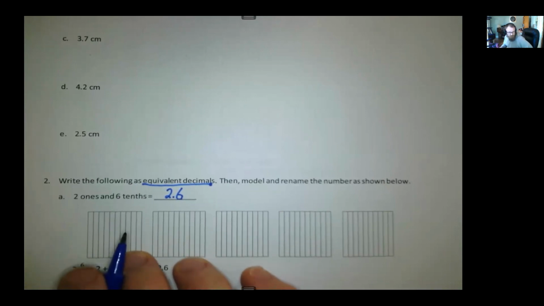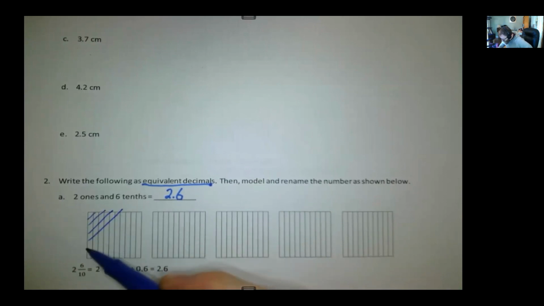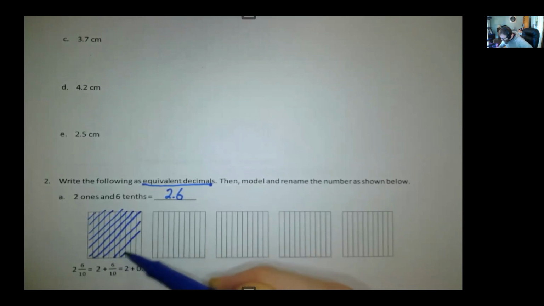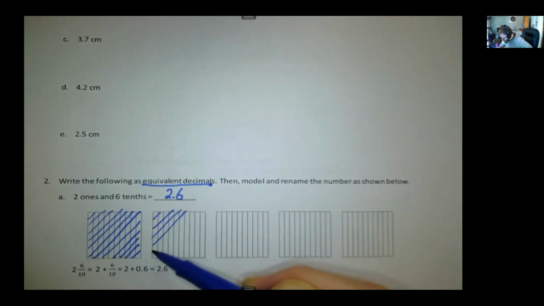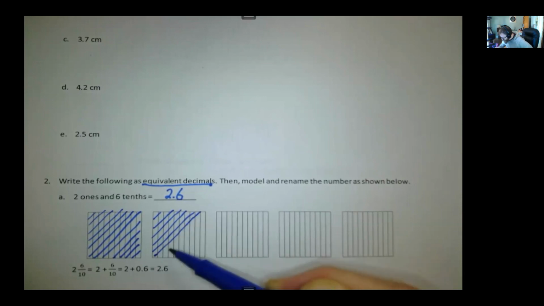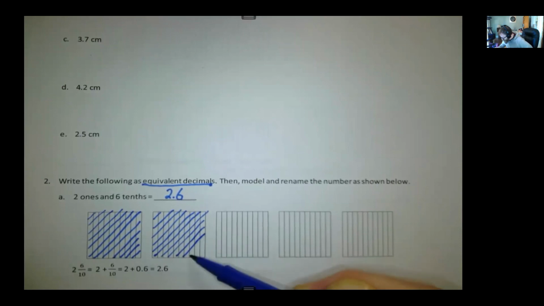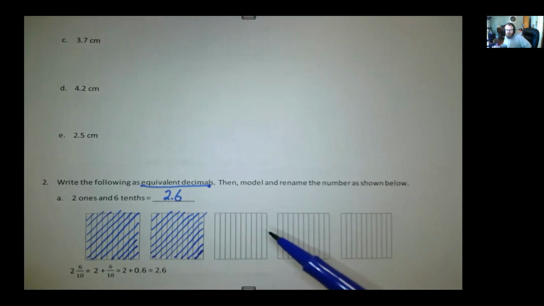To show that value in a tenths model, you're going to entirely shade 2 whole models neatly with diagonal lines, shade 10 out of 10 columns in each of 2 models, and then shade 6 out of 10 in the 3rd model.